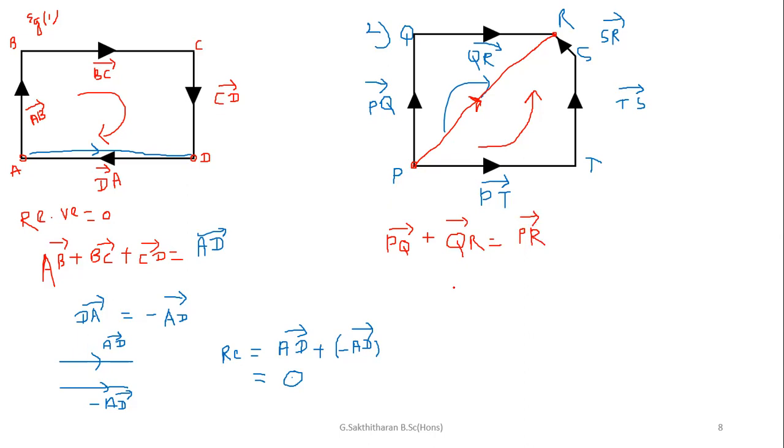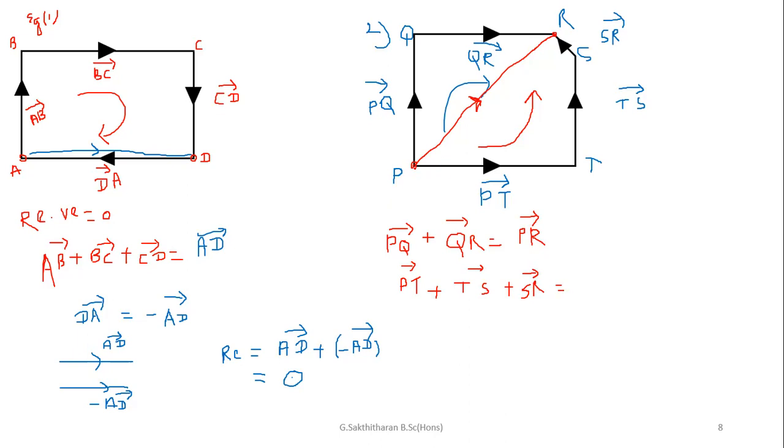Another vector addition anti-clockwise, vector PT plus vector TS and vector SR. These three vectors giving the resultant vector.